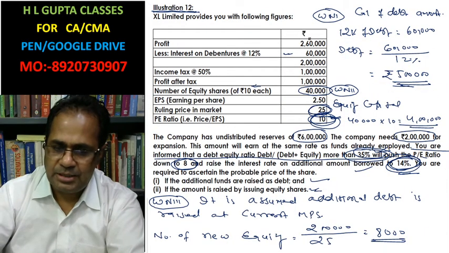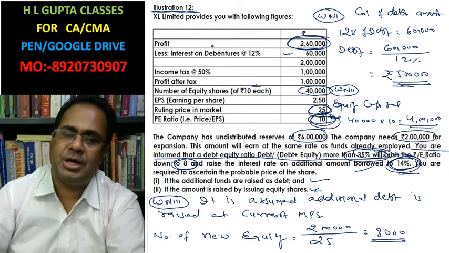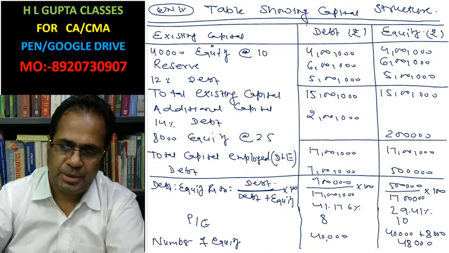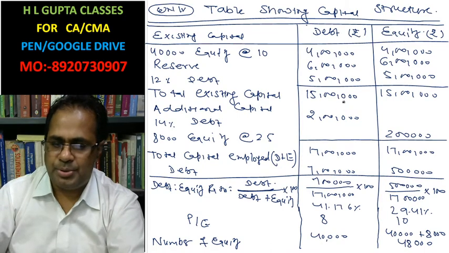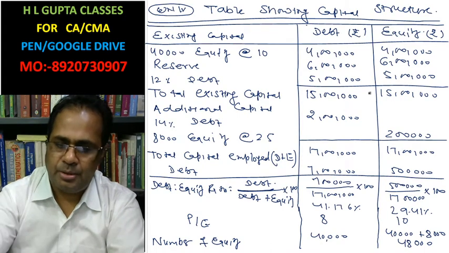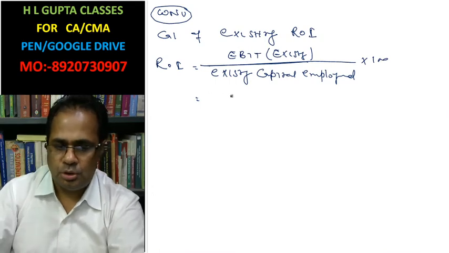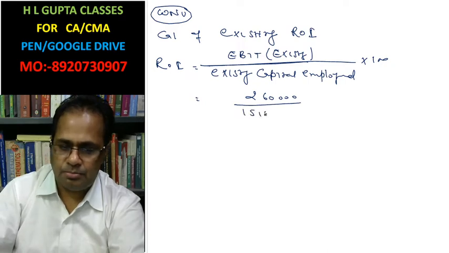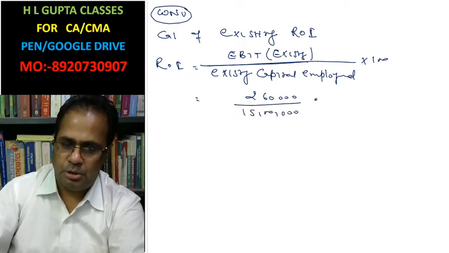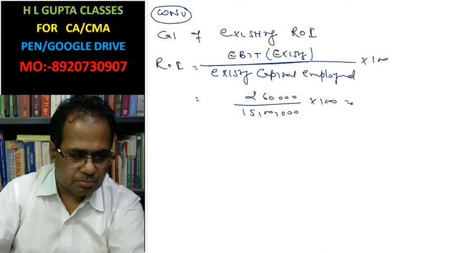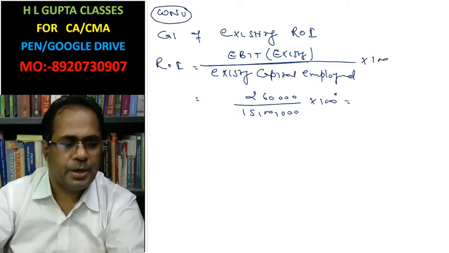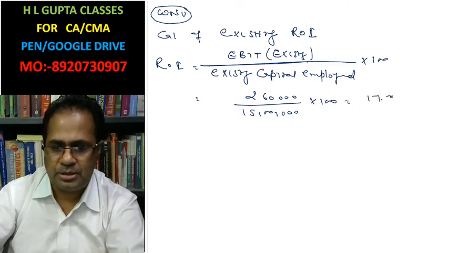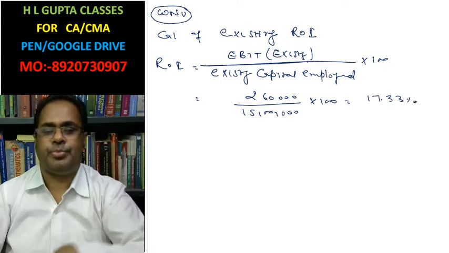Existing EBIT is 2,60,000 on existing capital employed. Existing capital employed is 15 lakh. So 2,60,000 divided by 15 lakh into 100 is 17.33%.